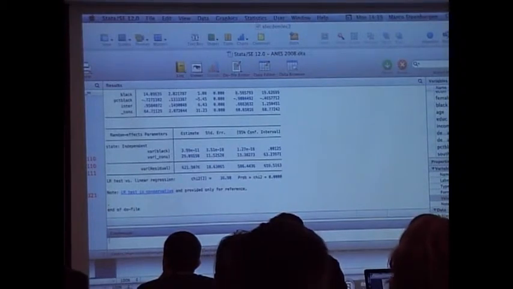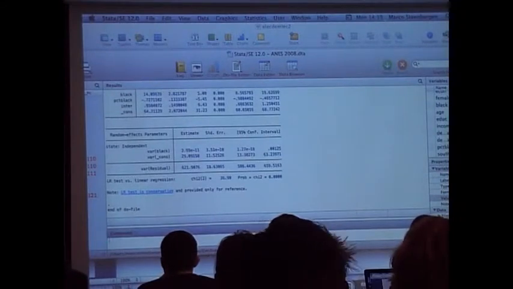That's too big of a difference from 0 empirically to say we can set both of these variance components to 0.